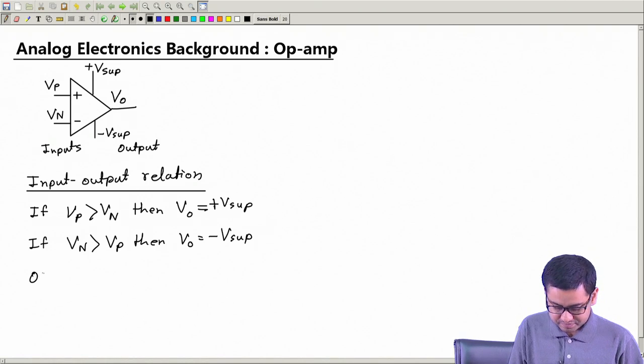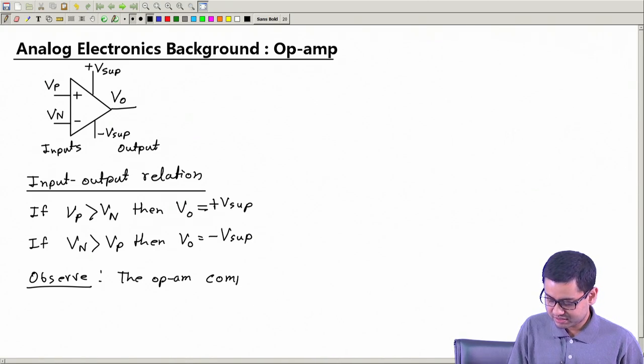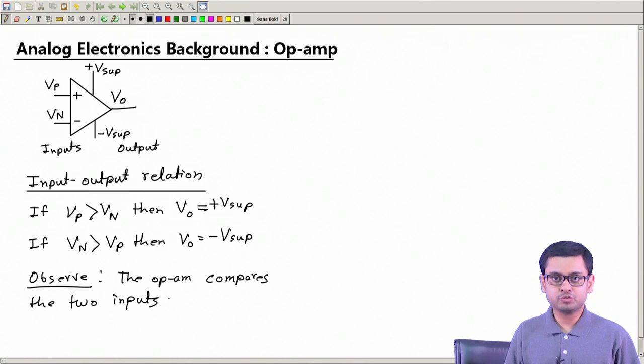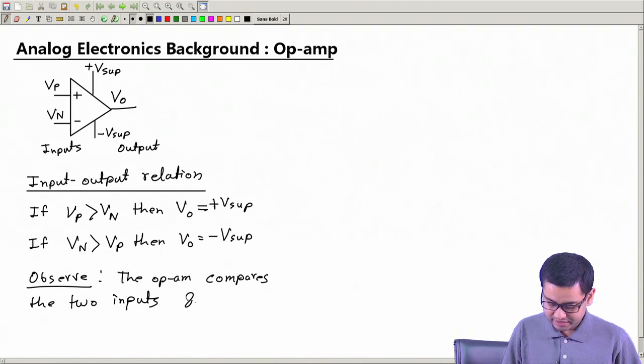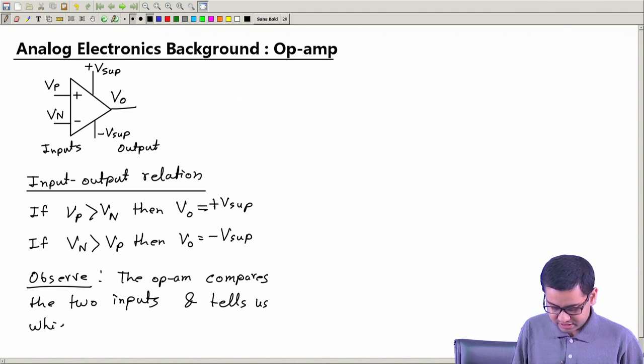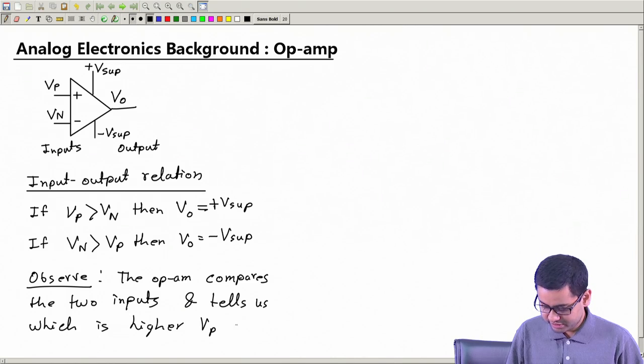So you observe the op amp compares the two inputs and tells us which one is higher, Vp or Vn.